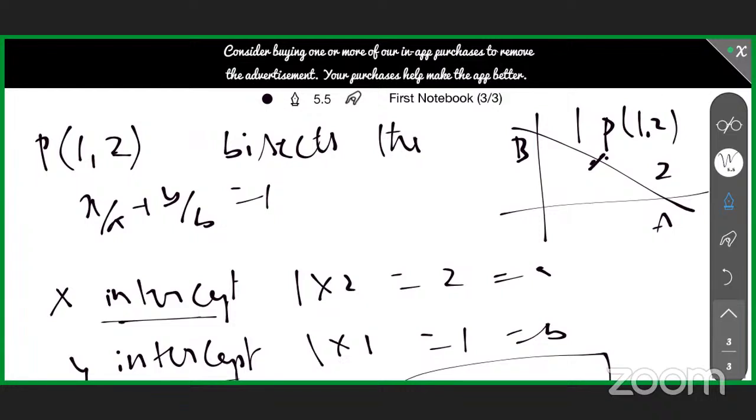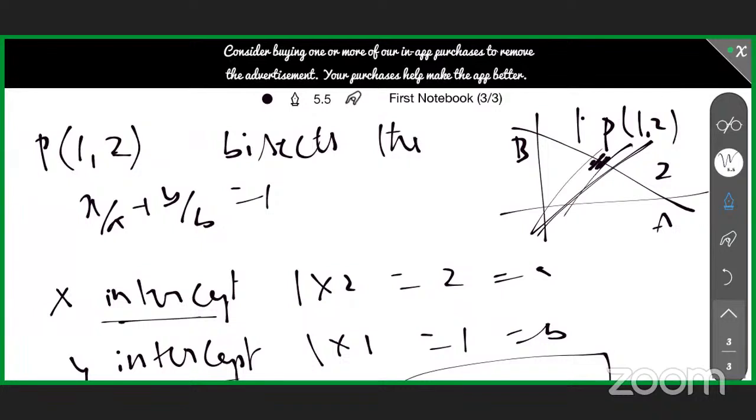It is in the intercept format, x/a + y/b = 1. Since this point is dividing the line, I take this as 1:2 ratio. Yes, this point is dividing the line in the ratio 1:2.